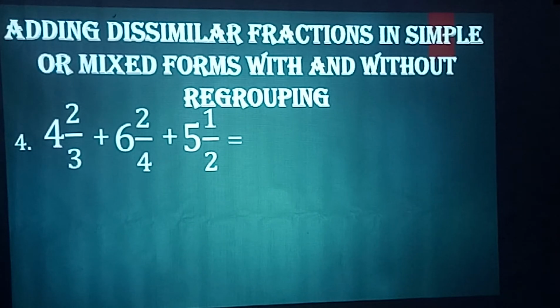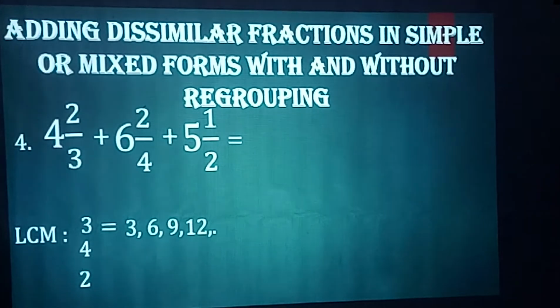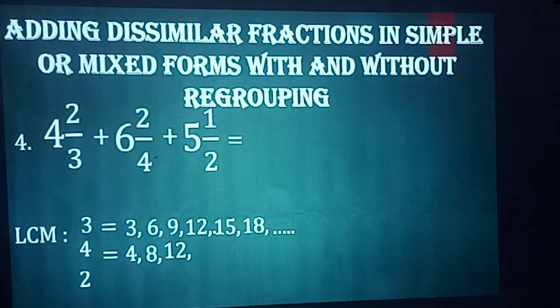Okay, let me get first the multiples of 3, 4, and 2. For 3, so we have 3, 6, 9, 12, 15, 18, and so on. And for the 4, 4, 8, 12, 16, 20, and so on.